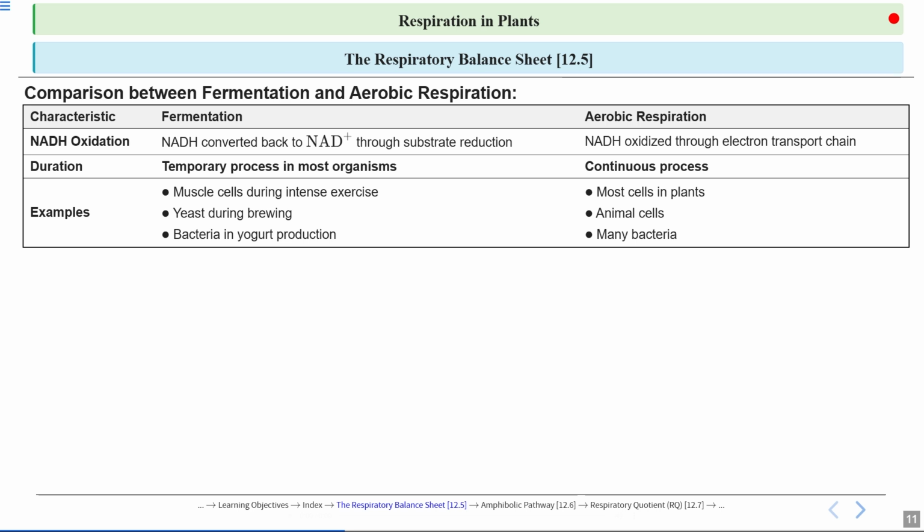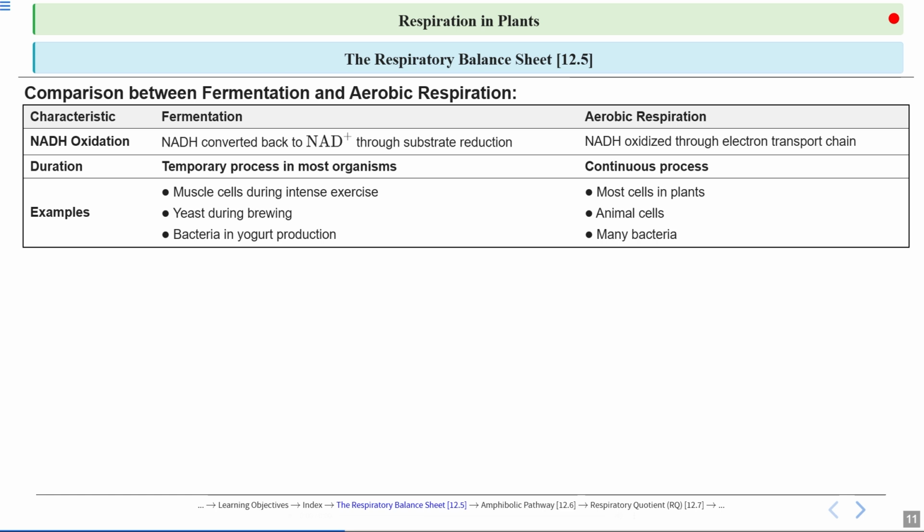If we talk about the duration, fermentation is a temporary process in most organisms, whereas aerobic respiration is a continuous process.